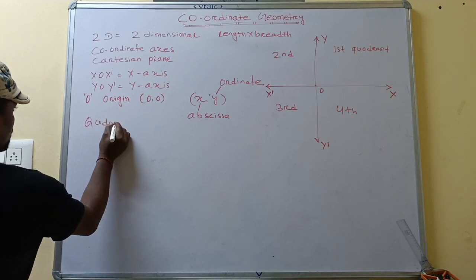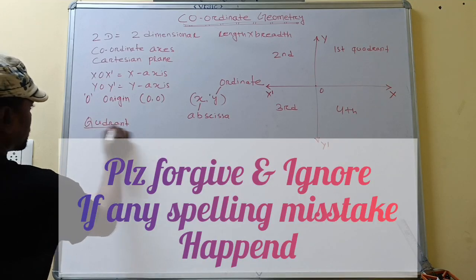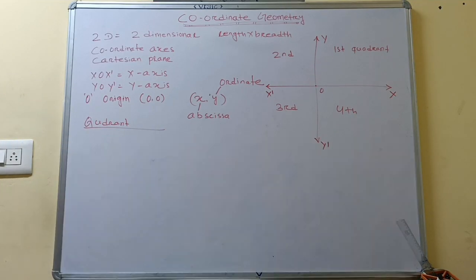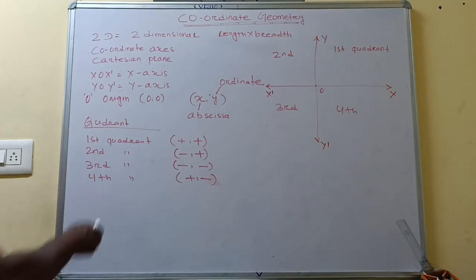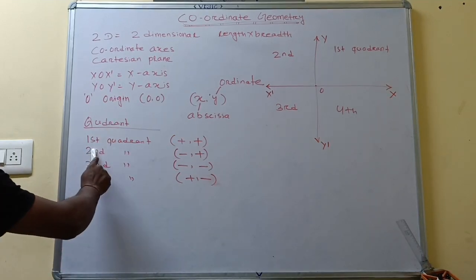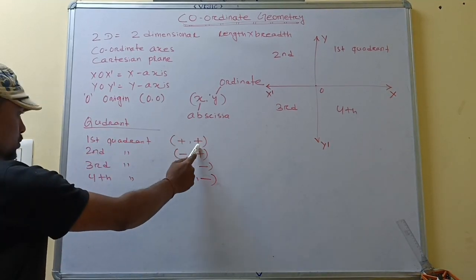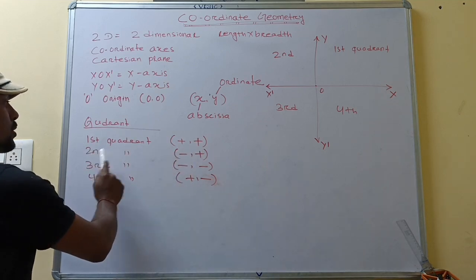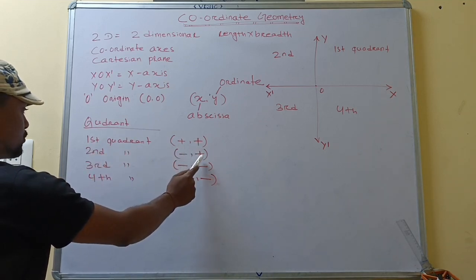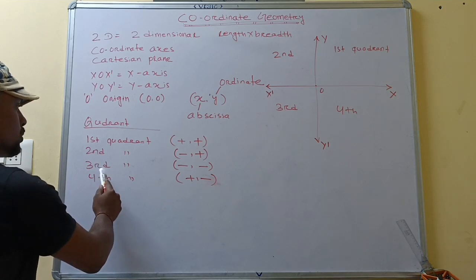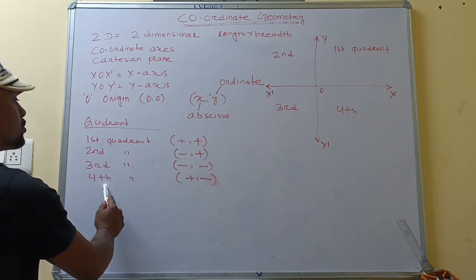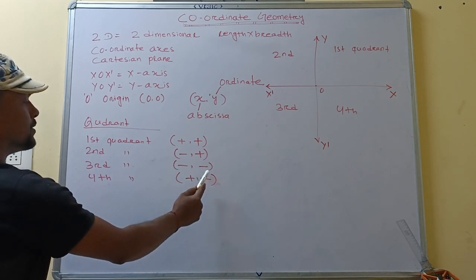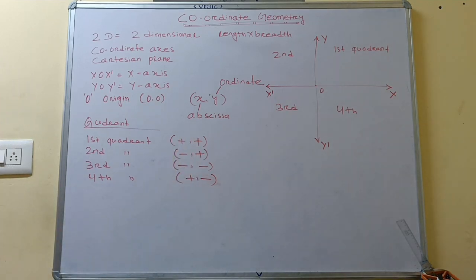We should know in which quadrant what is the sign of the ordered pair. In the first quadrant, x coordinate positive, y coordinate positive. In the second quadrant, x coordinate negative, y coordinate positive. In the third quadrant, x coordinate negative, y coordinate negative. And in the fourth quadrant, x coordinate positive and y coordinate negative.